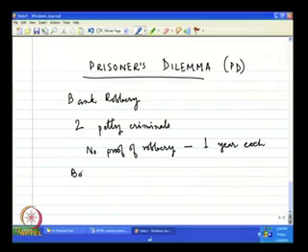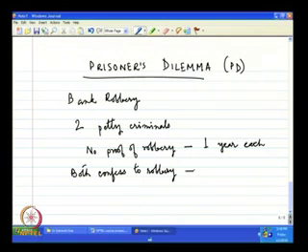Now, if both confess to robbery, then obviously the charge is more serious. They have committed the crime, it is admitted by them. Then both of them go to jail for 3 years each. So these are the prison sentences.